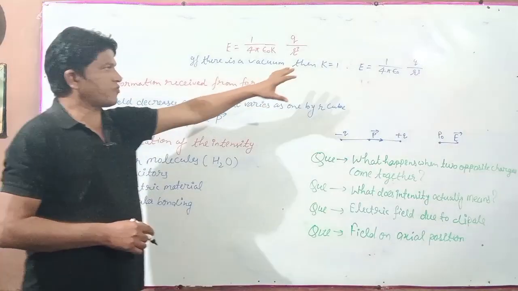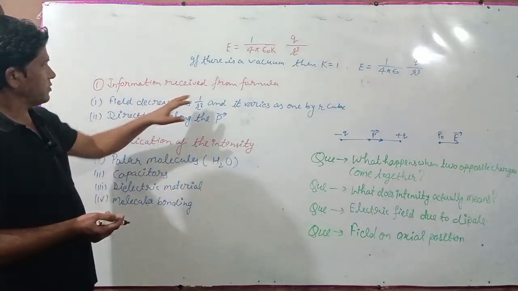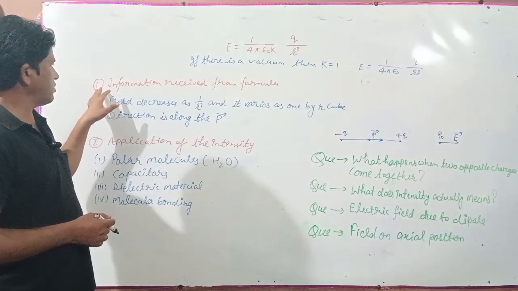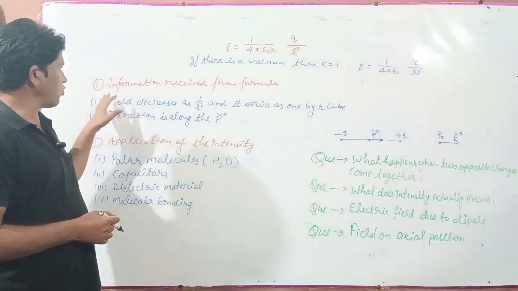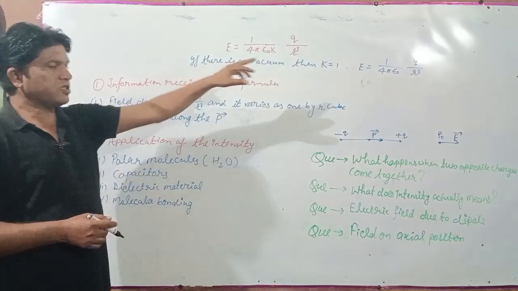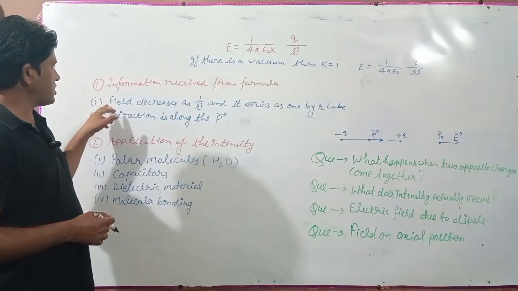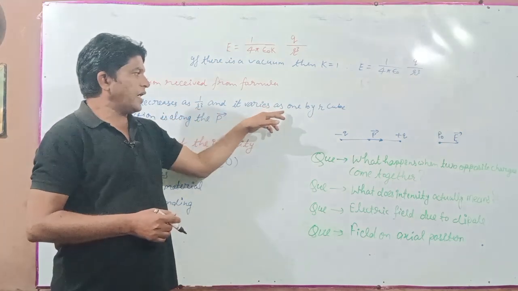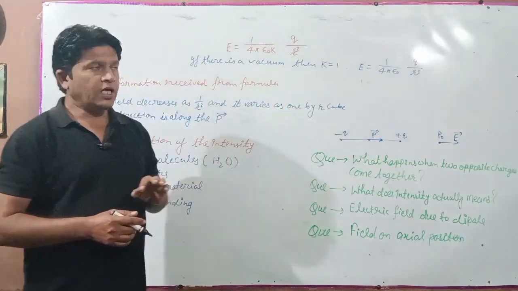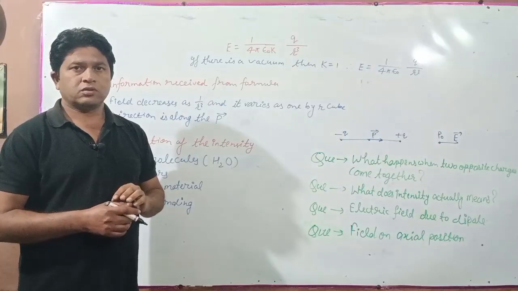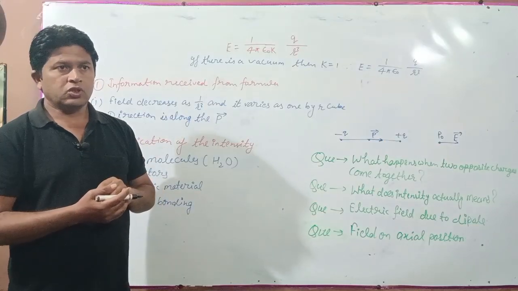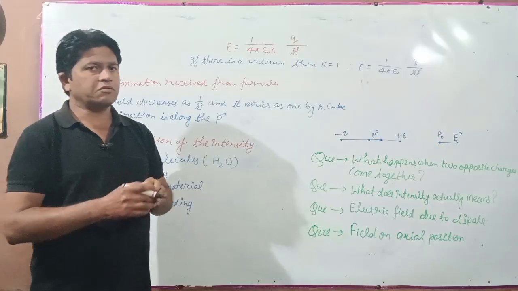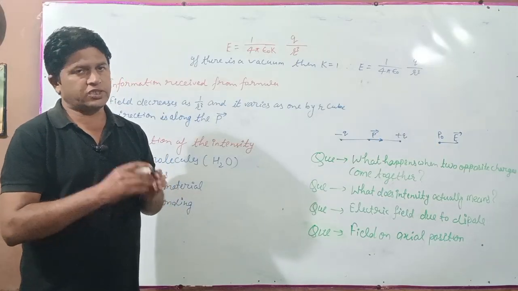On the basis of this formula, we have some information and applications. First we will talk about information. What information is given by this formula? The first is that the field decreases as 1 upon R cube. It means as you go away from the dipole, the electric field intensity decreases very fast compared to distance.